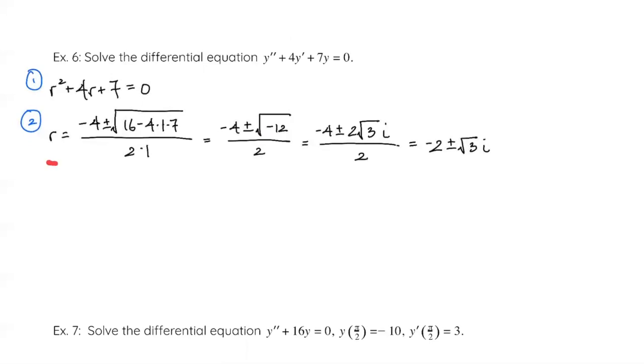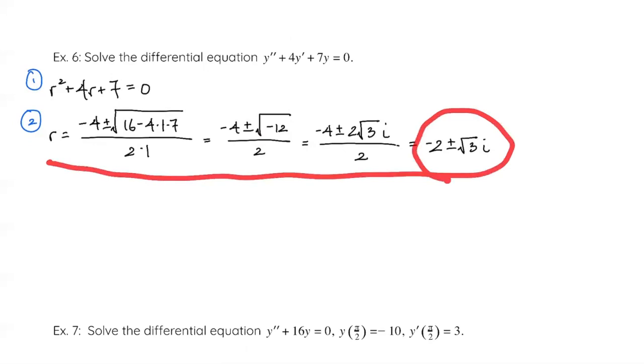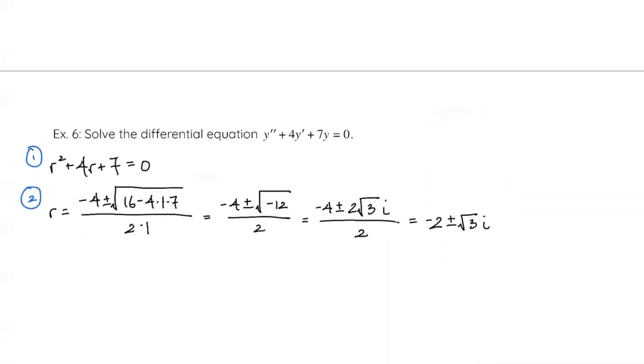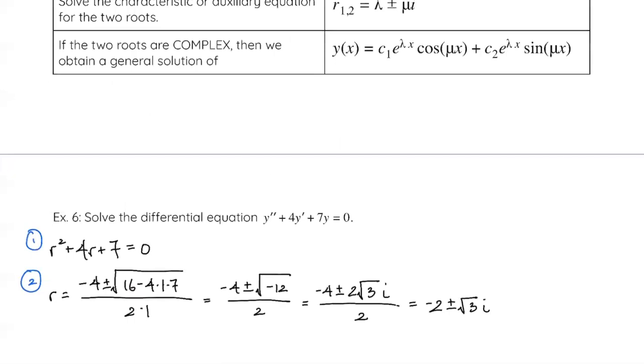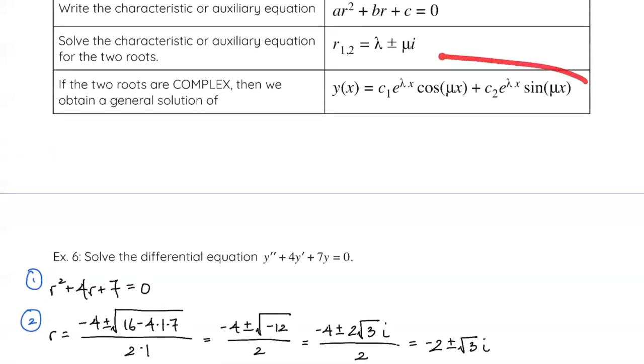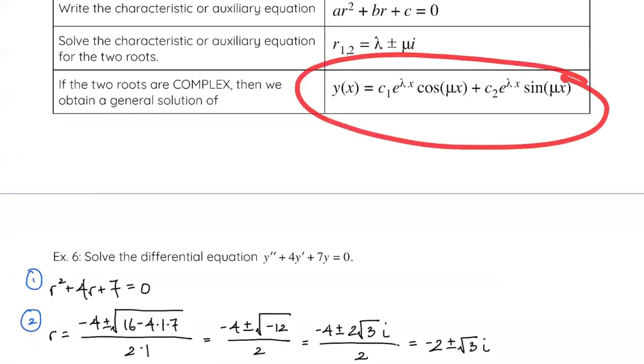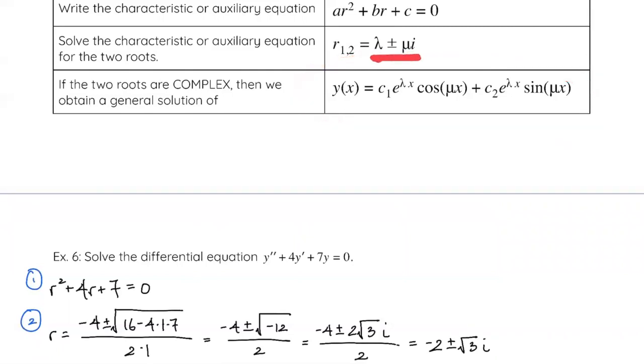But anyway, we find our roots, we find them to be complex roots. That should be a cue to us that we have to put our solution in this form. If we look at our roots, we've got a lambda and a mu. The lambda is going to go in the exponent with our x, and the mu is going to be a coefficient for the x inside the sine and the cosine.